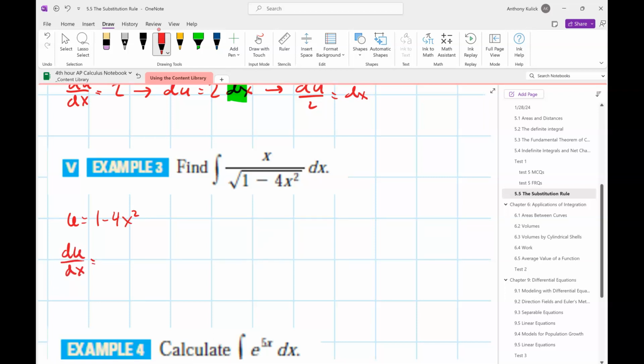So the derivative of u is? Good. So du should be negative 8x dx. Now I see the x dx in the problem. What am I missing though? The negative 8. So all I do is just divide that over to the other side.